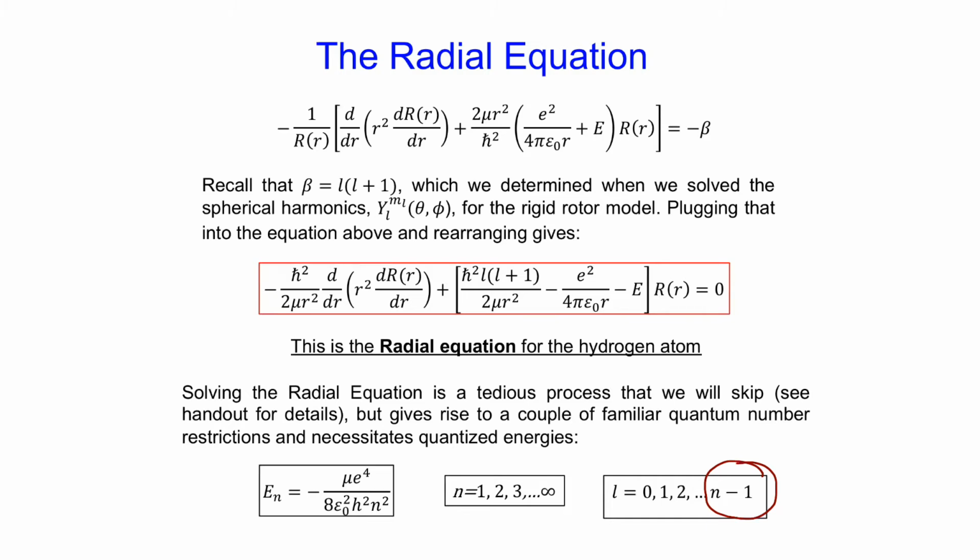That n-1 restriction is born out of solving the Schrodinger equation and the radial equation specifically for the hydrogen atom.